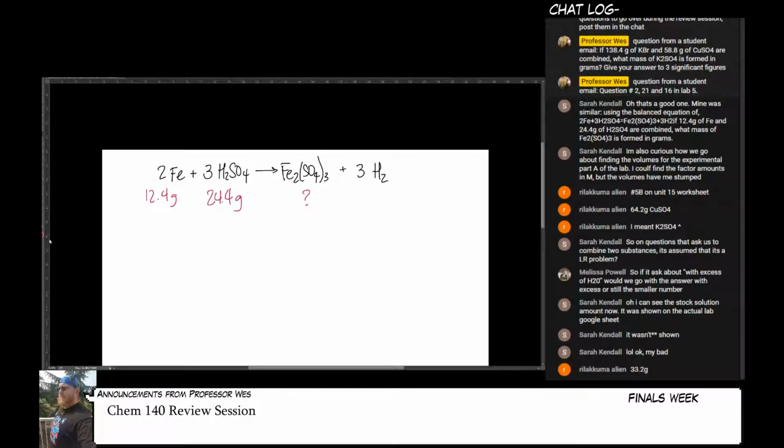All right, so we'll do this problem now. We're going to turn grams of iron into moles of iron, which will then turn into moles of, what's our target? Iron sulfate. Looks like iron 3 sulfate here.